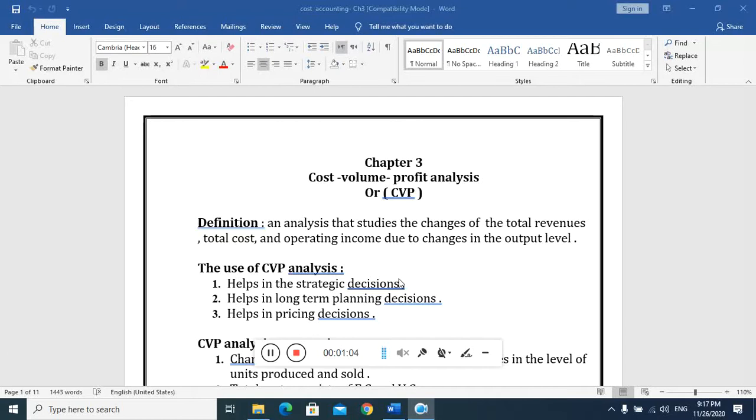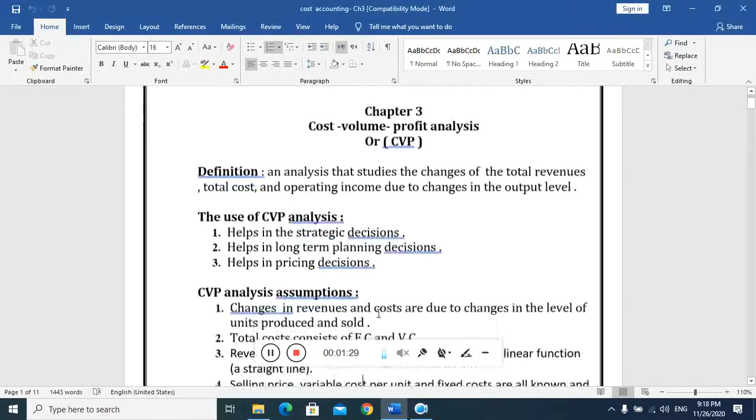As a manager, CVP analysis will help you in strategic decisions, long-term planning decisions, and pricing decisions. This is the main definition of our CVP analysis.